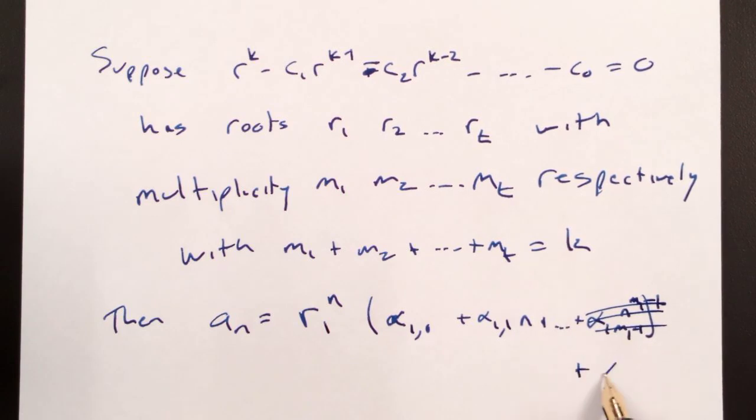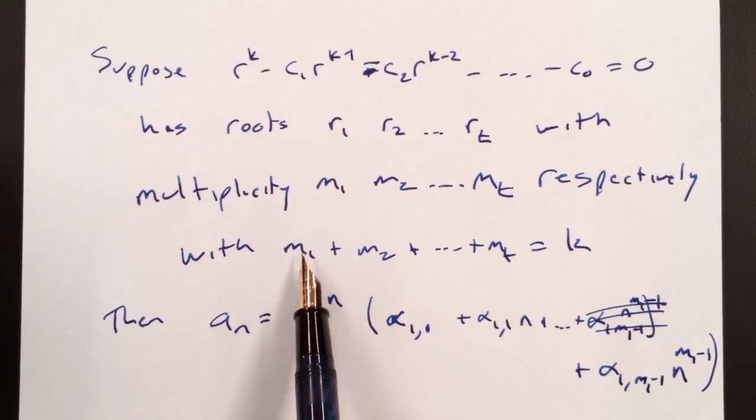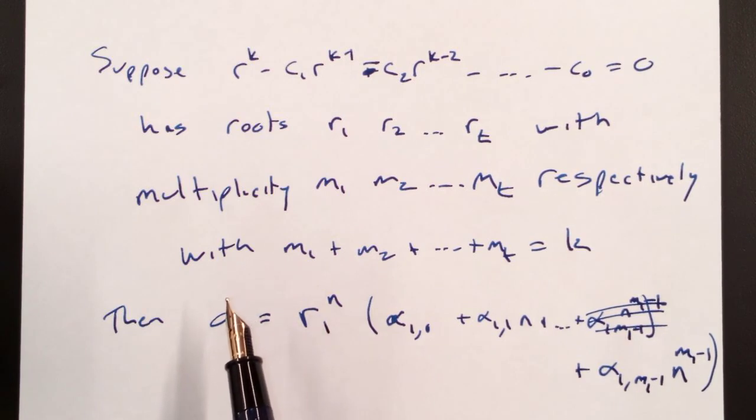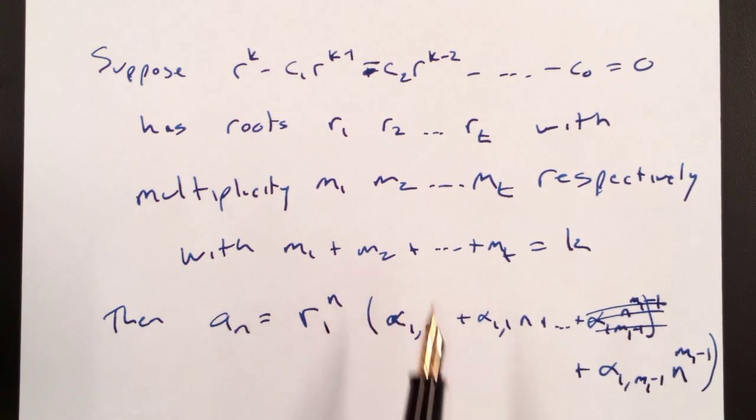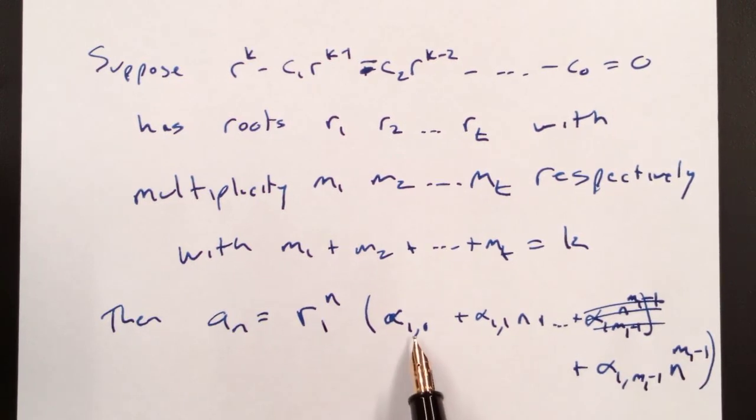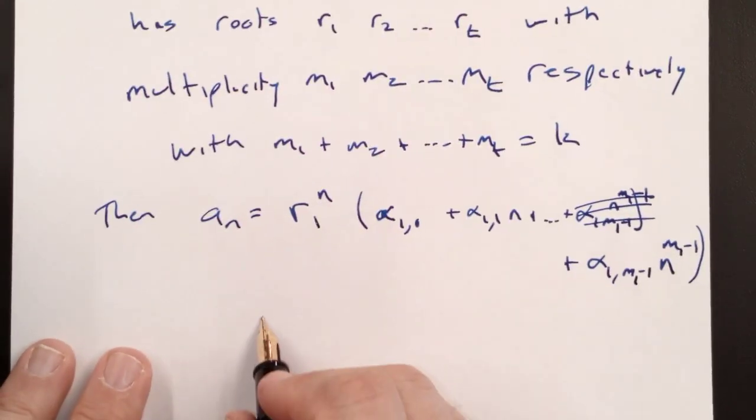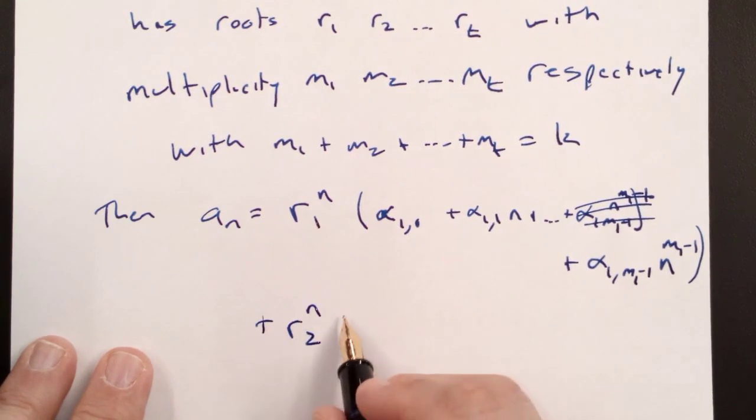Let's write that more clearly. Alpha 1,0 plus alpha 1,1 n plus dot dot dot plus alpha 1, M1 minus 1, n to the M1 minus 1 power. What the hell? Oh, the M1, that's the multiplicity of the first root. I need a 1, an n, an n squared, all the way up to 1 less than that multiplicity. And I'm going to have a coefficient for each of those.